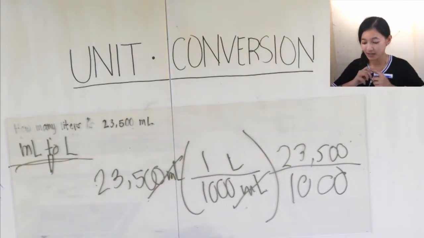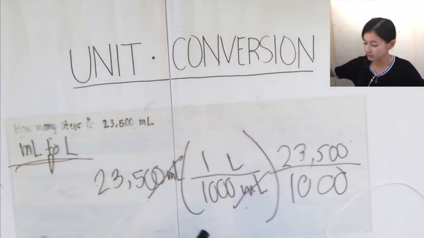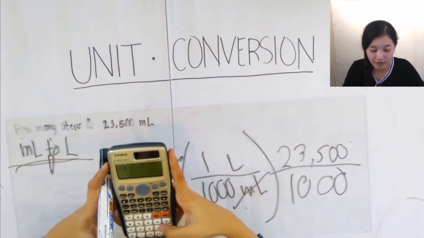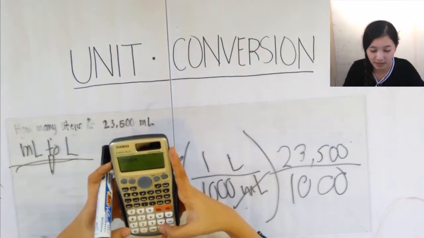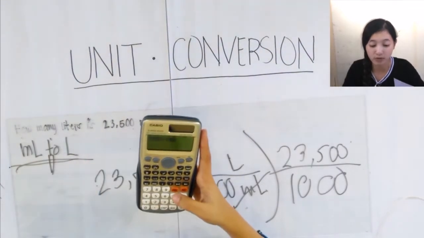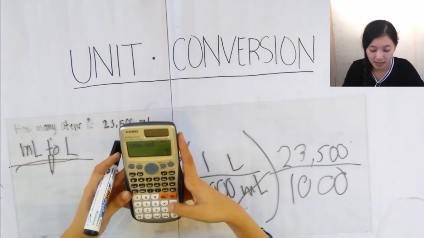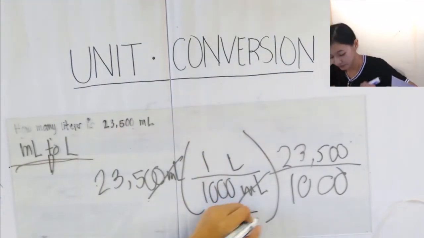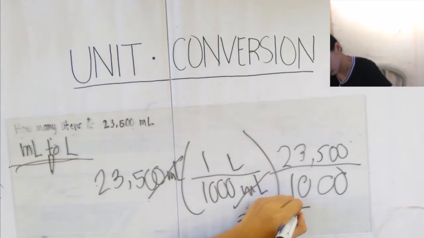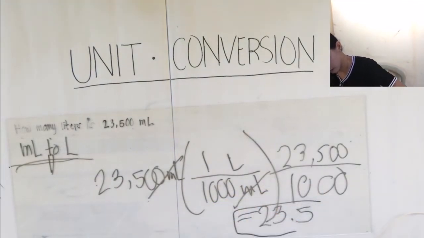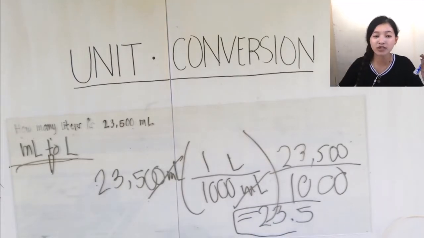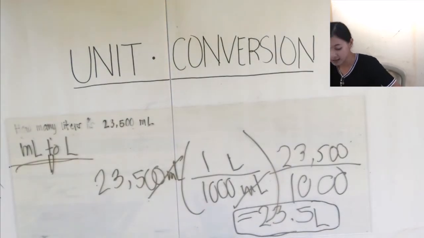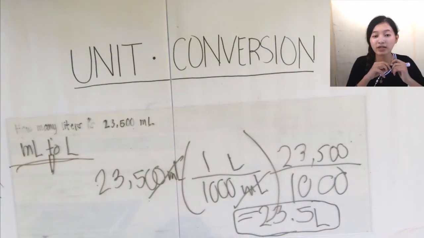You copy this, and you will divide 23,500 divided by 1,000 is equal to 23.5. The unit left is liters. So the answer will be 23.5 liters.